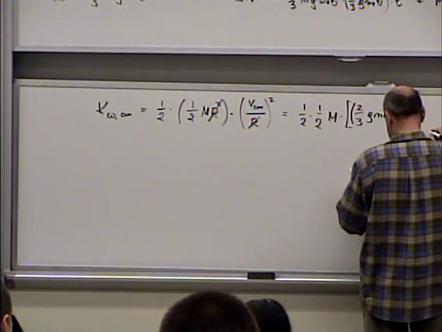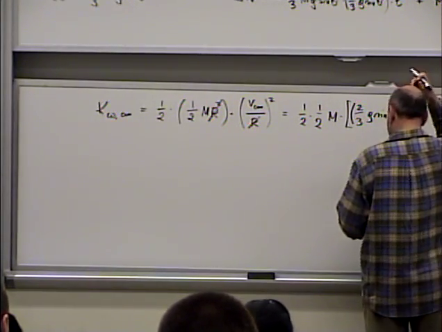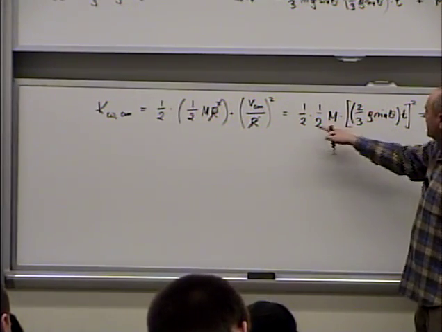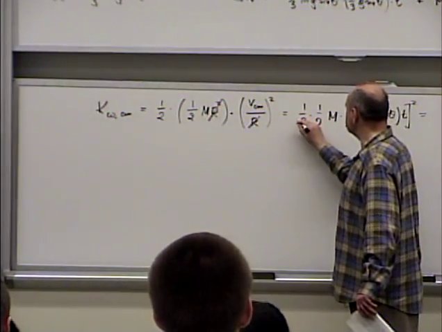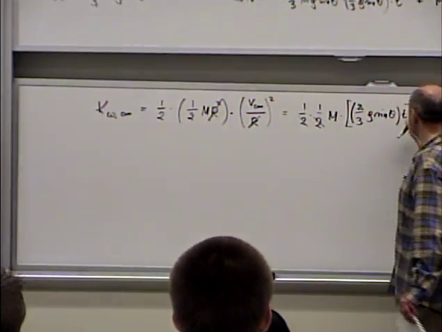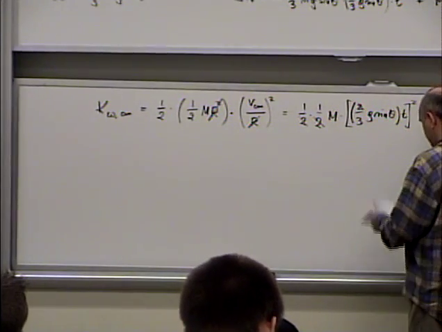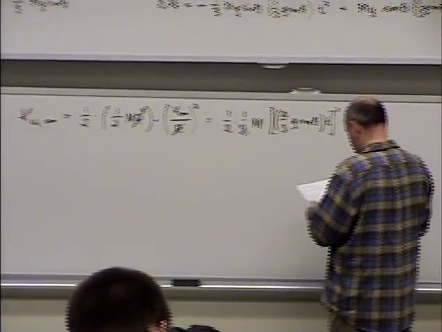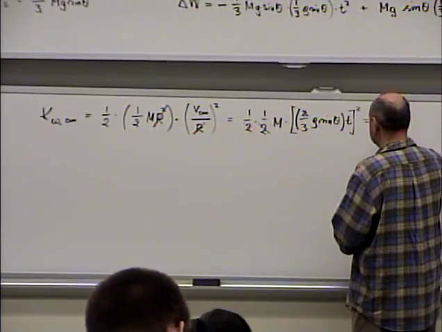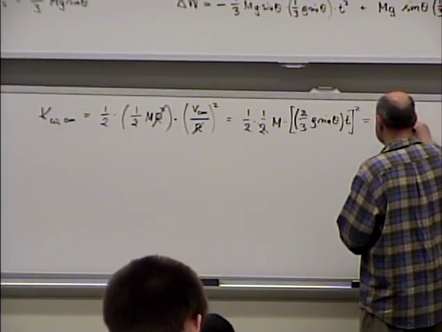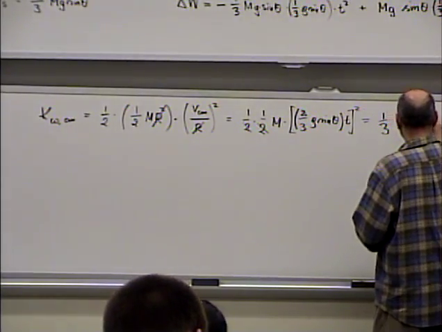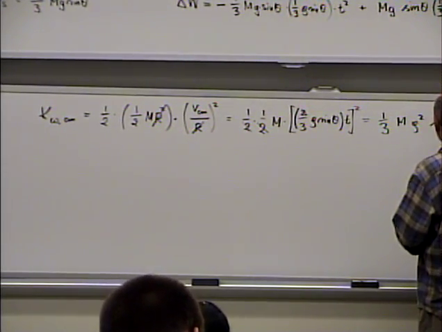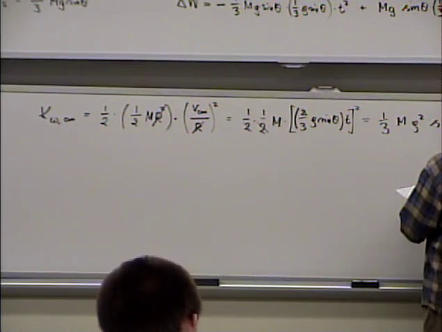If I square this, the 2 cancels with those 2's. So I will have 1/3 times the mass, the square of the acceleration due to gravity, the square of the sine of the incline angle, and the square of time.